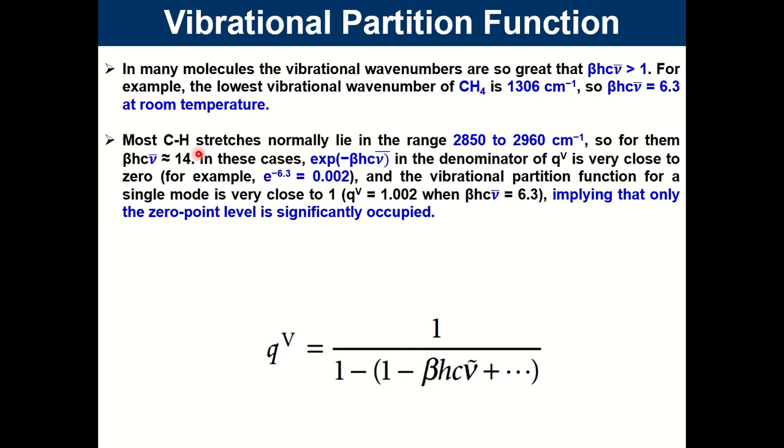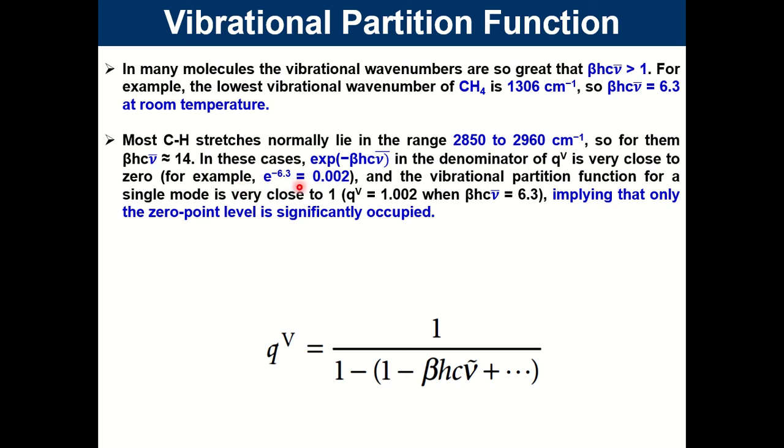So most CH stretches normally lie in the range of higher wave numbers. Because of this, these CH stretching frequencies are very highly energetic, and this value is large. So the exponential term that we have in the denominator, Q_V is very close to 0 in that case. What does this mean?